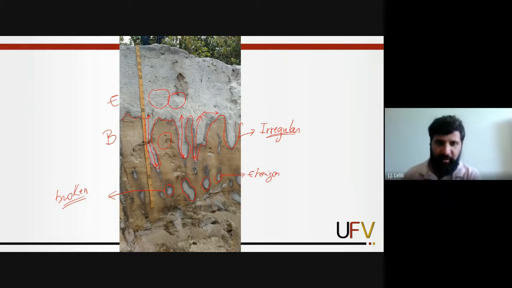Okay, so I can see in this picture two types of transitionals. A broken transitional between this discrete piece of an E horizon and this yellow horizon, the B horizon. And an irregular boundary between this white and sandy horizon and this yellow one.